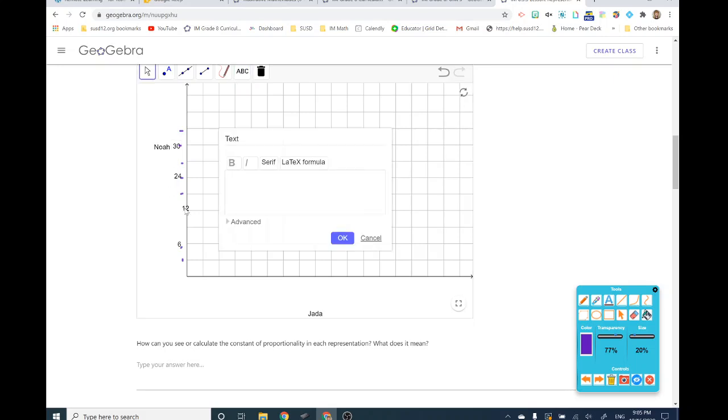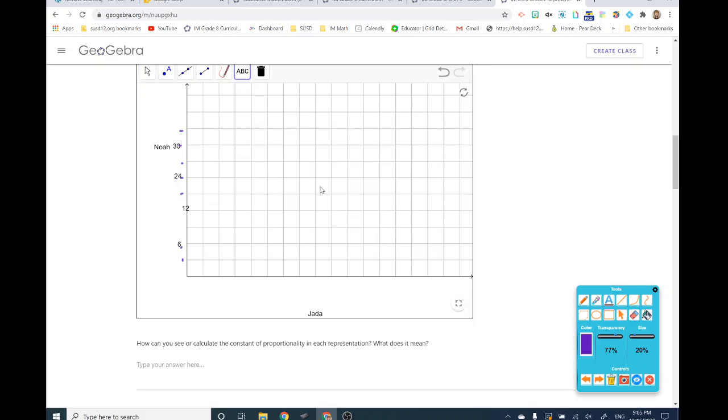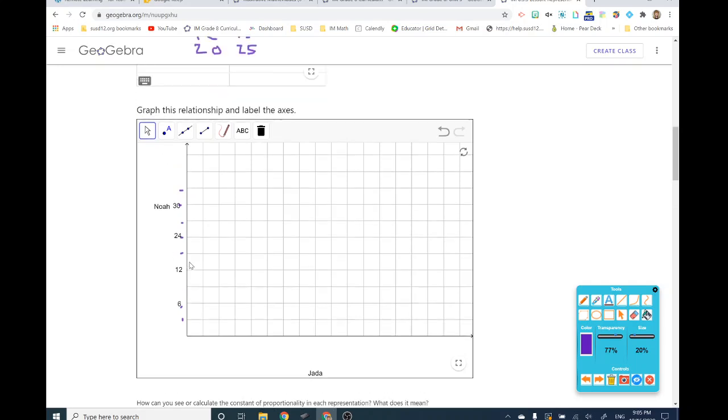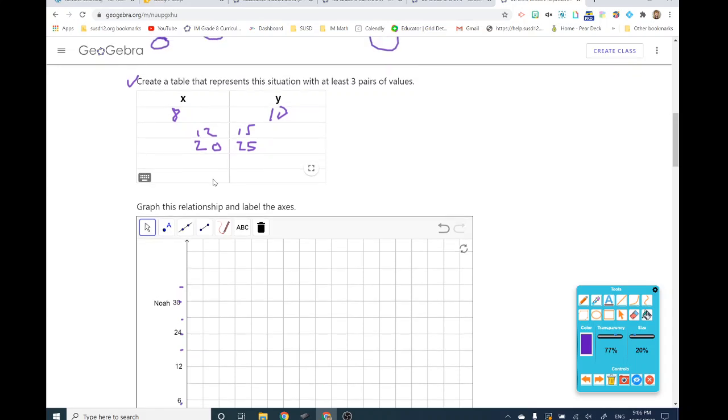This 12 goes here. Now maybe you want to count by 2s, 3s, whatever, it's your choice, but if you run out of space at the top of the graph, then you have not chosen a good scale. So I'm going to use this scale for now, although it's going to really cramp my graph.